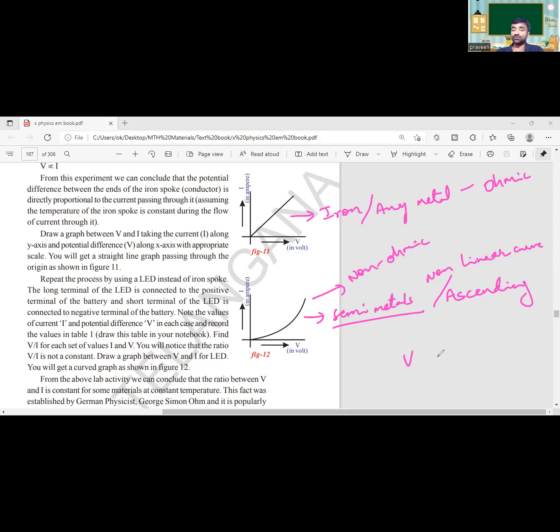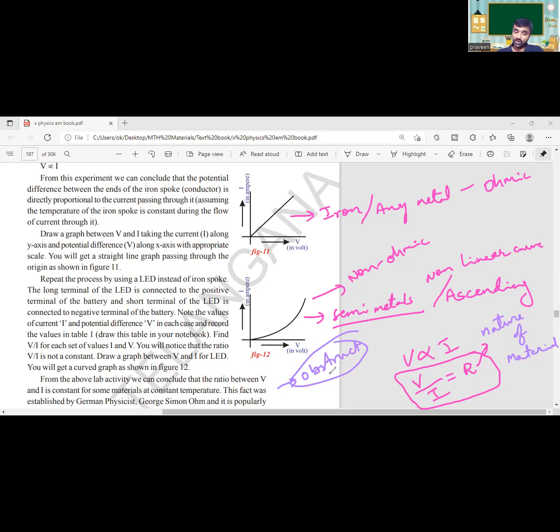What is Ohm's law? V is proportional to I. If you remove the proportionality by taking the ratio, you will get a constant always. That constant value is given as R here. That R is named as the nature of the material. What nature? Obstructing the flow of charges, collisions.